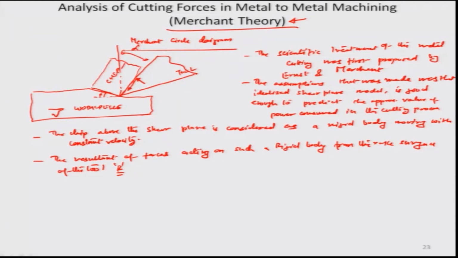So, if the chip actually moves forward with the velocity v here, the frictional force will exactly come in the opposite direction as illustrated by this arrow right here, and the resultant component of this force is actually obtained by summation of these two forces. One of them we call the normal reaction of the tool face, another we call the frictional force F of the chip on the tool as it moves along the rake face, and so the resultant component is R.